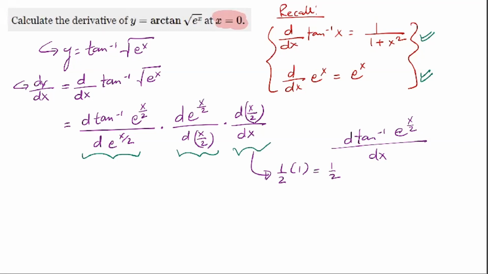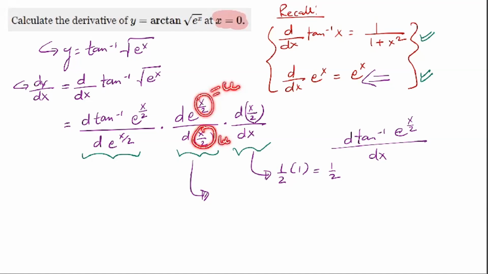And this portion is also straightforward if we have this recipe. The derivative of e to the power x with respect to x is e to the power x, right? So here you could substitute x over 2 with u. So you could call it u.